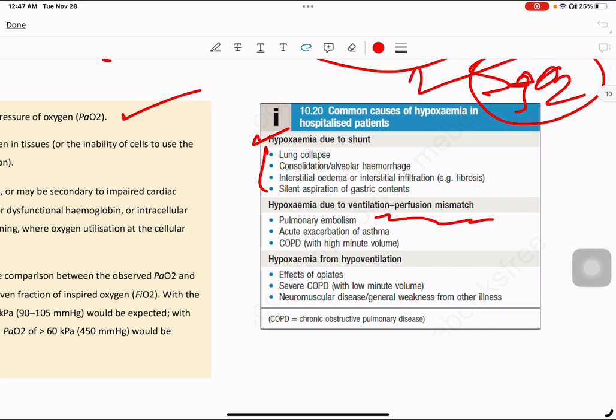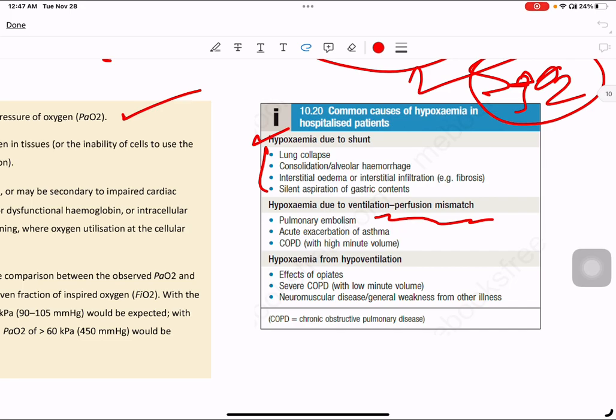And hypoxia due to hypoventilation, that is respiratory depression due to drugs like opioids, or severe COPD, or neuromuscular disease like myasthenia gravis leading to respiratory failure.